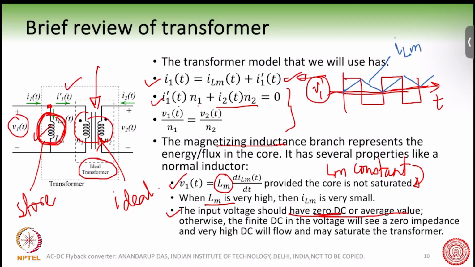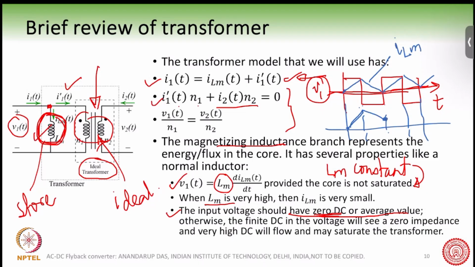Now, if the input V1(t) voltage does not have a zero average value, what will happen to this current? It will start from zero and increase, and when it comes back, it will not come back to zero.